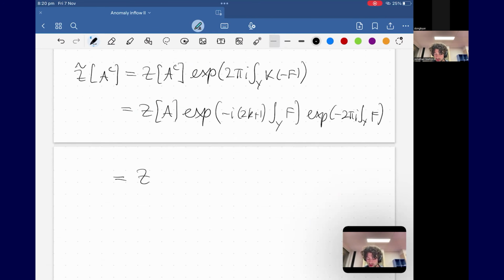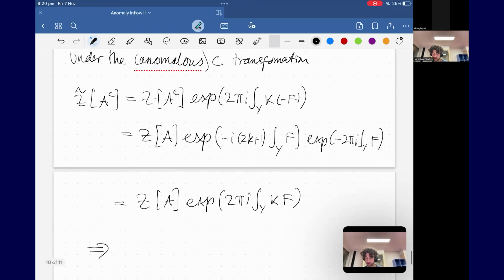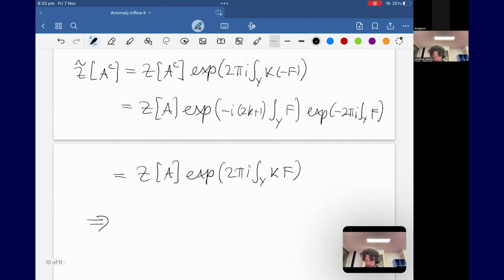which then, in order for this to be anomaly free, we require this to be equal to just 2 pi I gamma kappa f. So this necessarily means, give me a sec, that 2k plus 1 is going to be equal to minus 2 kappa.